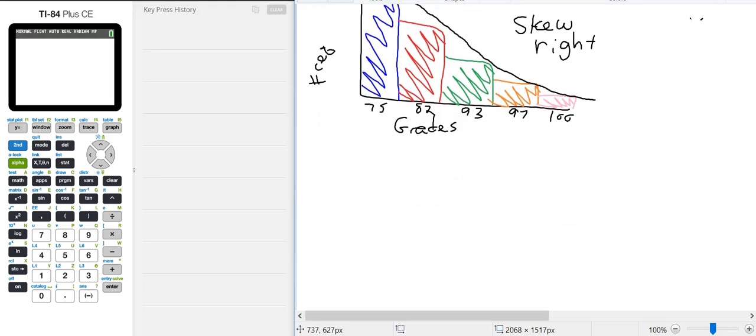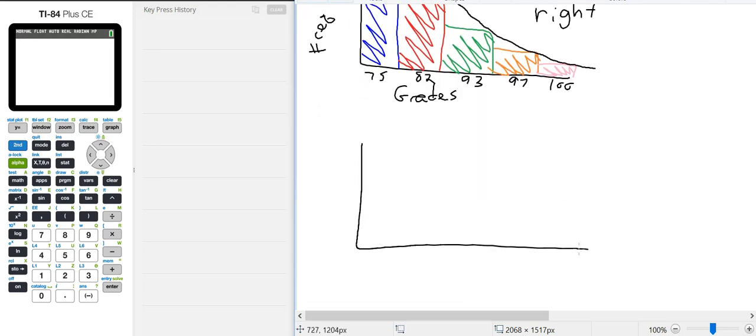We could also have a graph that's skewed left. Let's use the same scenario. We have students taking a test and they got grades on their test, and we'll use 75, 82, 93, 97, 100. This is going to be the frequency.